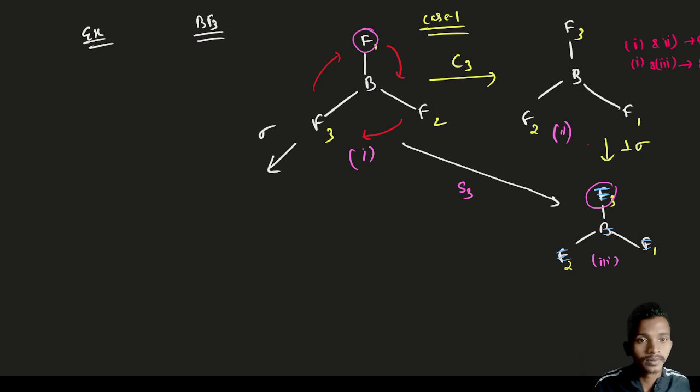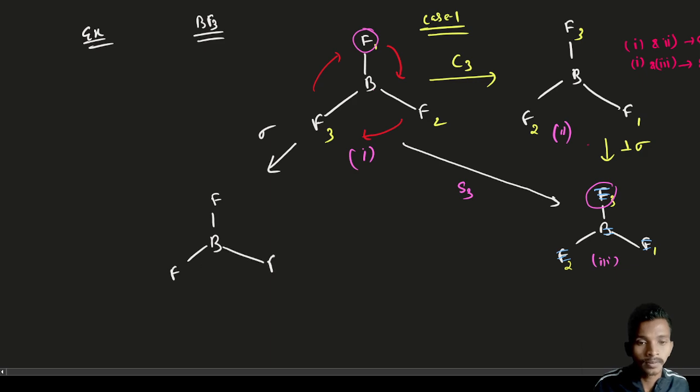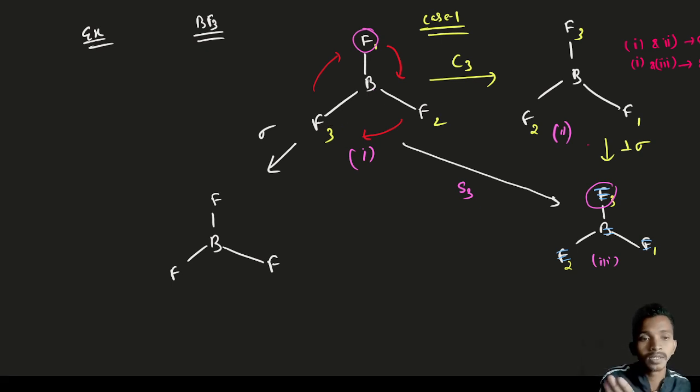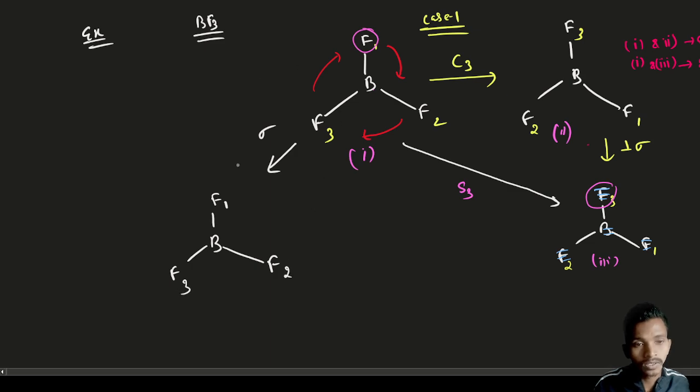This will be B, F, F, F. I am applying the mirror in front of it, in the above, so it will not exchange. This will be the same, F1, F3, F. So this just goes to the back side, as we already discussed.